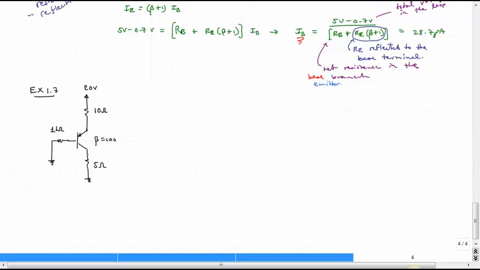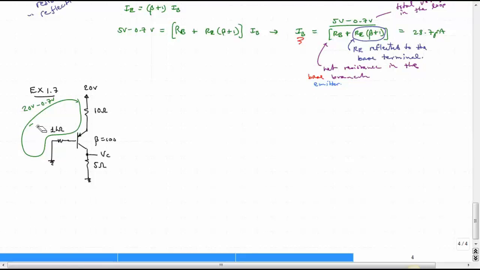Okay, here's an example using a PNP transistor. The first thing we notice is that we have a 10 ohm resistor in the emitter and a 1K resistor in the base. The total voltage in our loop is going to be 20 volts minus 0.7 volts. The total resistance in the loop is either going to be 10 ohms plus the 1K reflected to the emitter side, or it's going to be the 1K with the 10 ohms reflected to the base side.